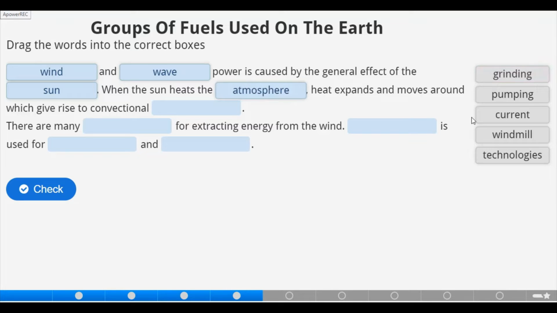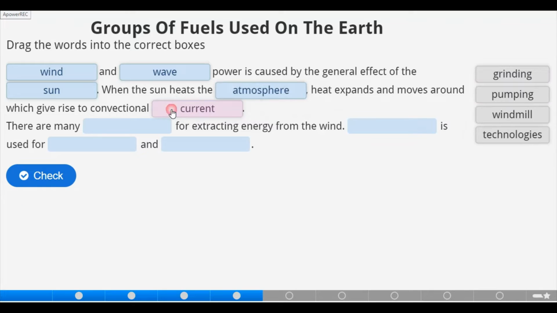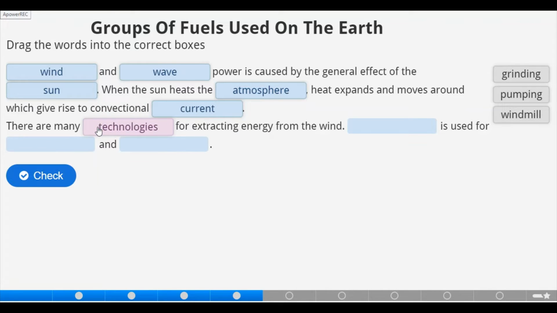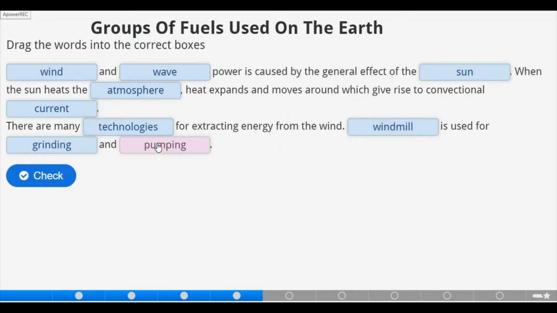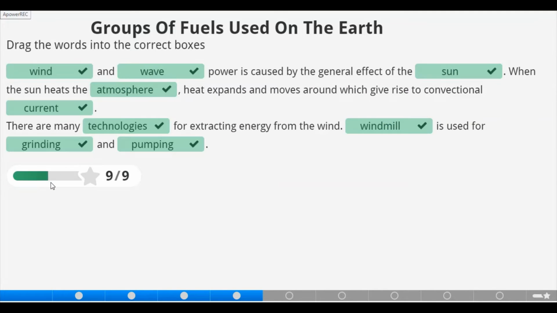What do you think will be part of the option? That's correct. Convection current. There are many technologies for extracting energy from the wind. Windmill is used for grinding and pumping. So let's check. Correct.